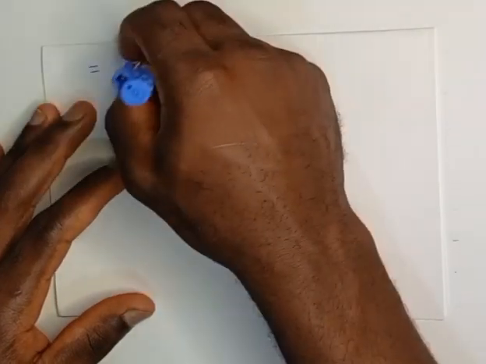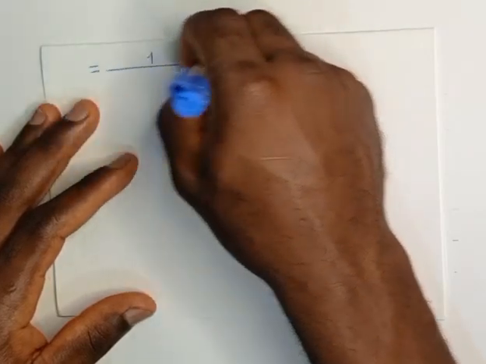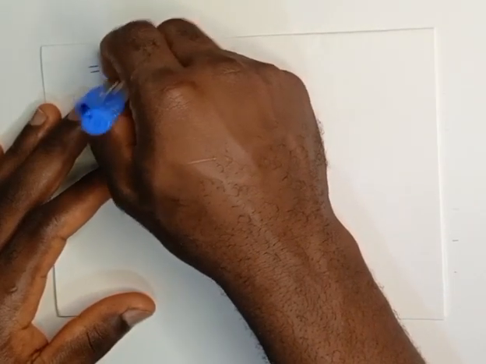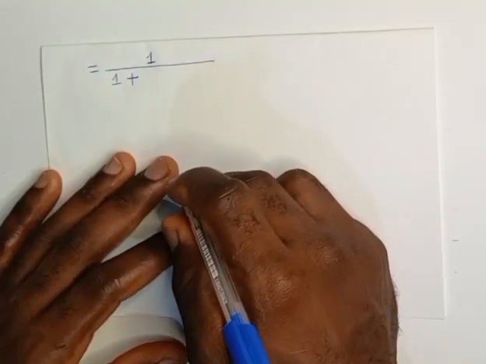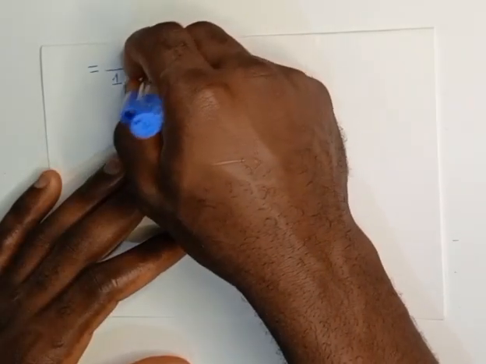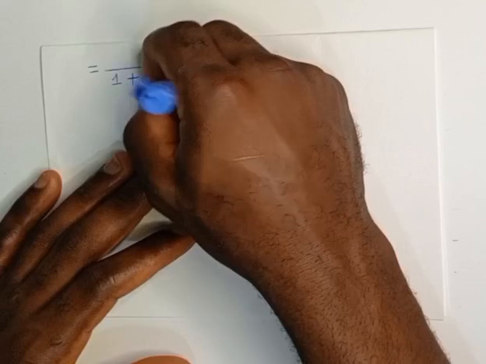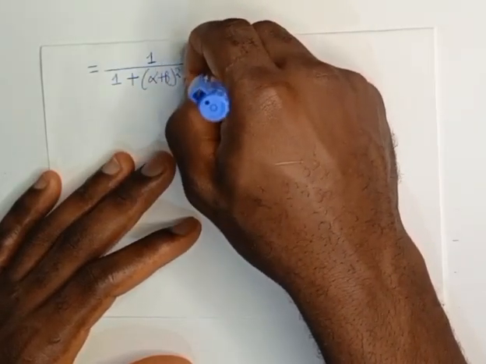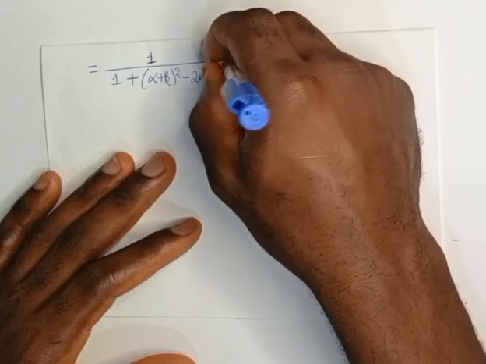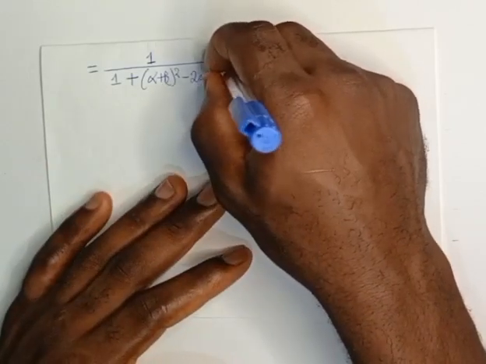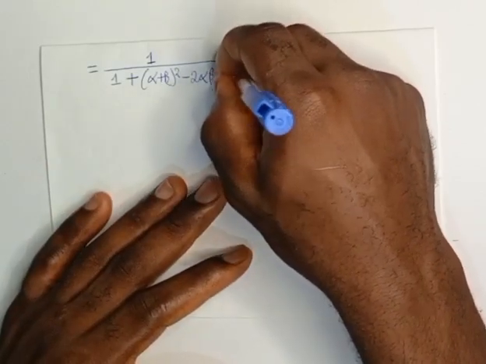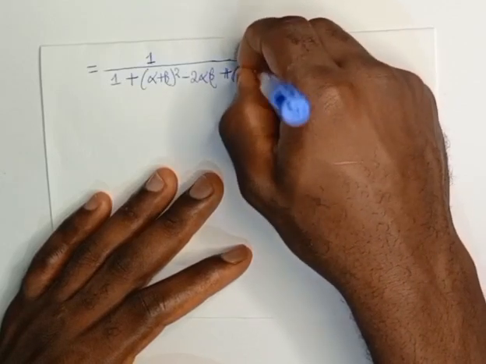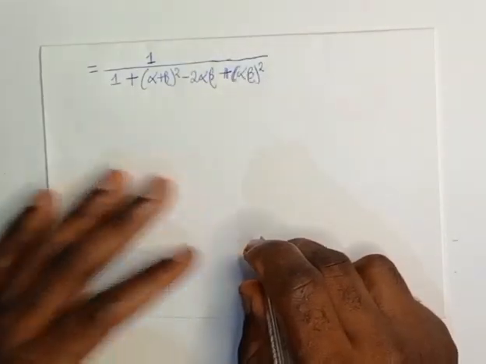This will simply be equal to 1 all over 1 plus alpha squared plus beta squared. We are going to replace it with alpha plus beta all this squared minus 2 alpha beta, plus we take alpha beta all this squared, as such.